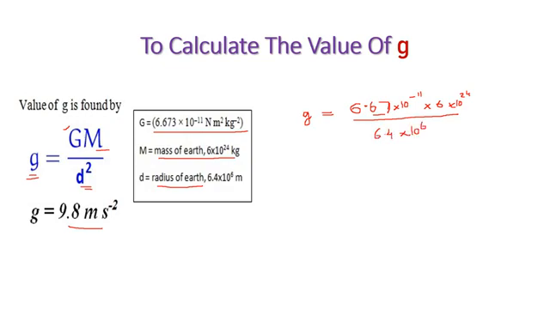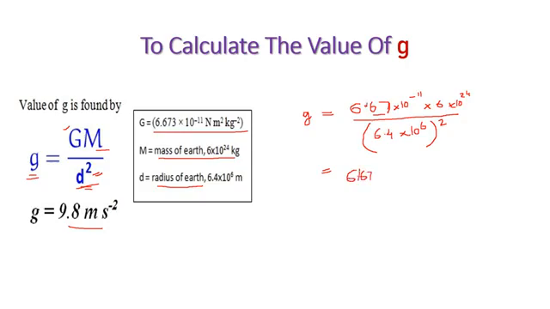Make sure that you do the square here. This is the step where children usually make mistakes. As you can see here, this power will get multiplied. You will get 6.67.